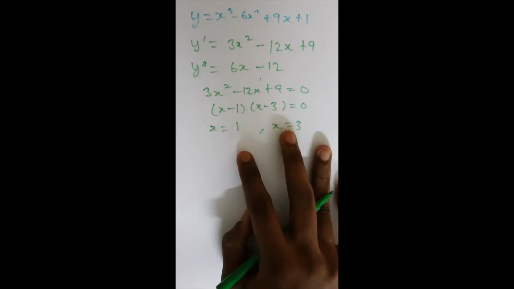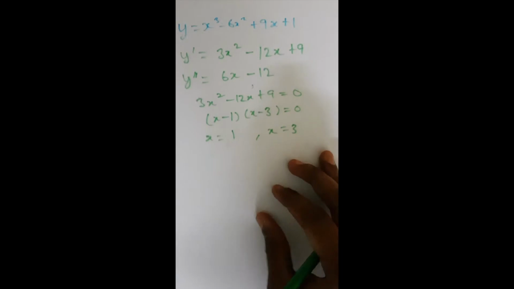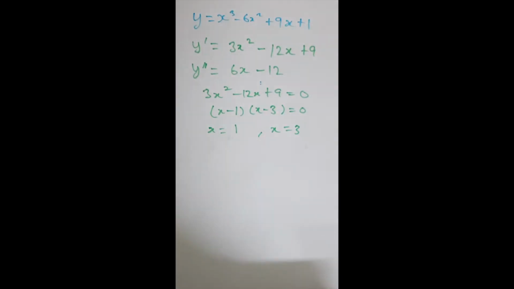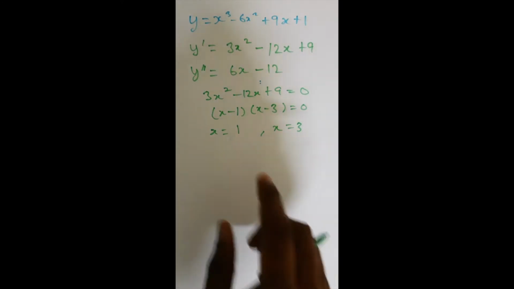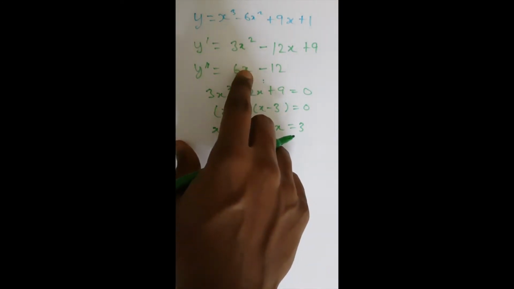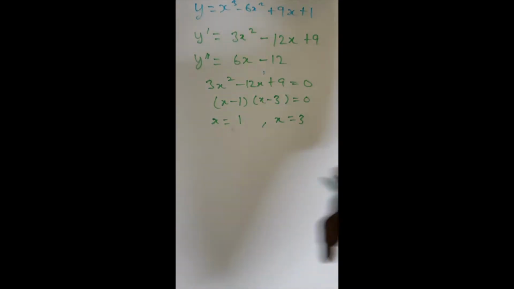So we want to find out which of them is which. So how do we do that? We use the double prime here. So what we do is we're going to substitute the x value in the double prime equation. So let's do that first.